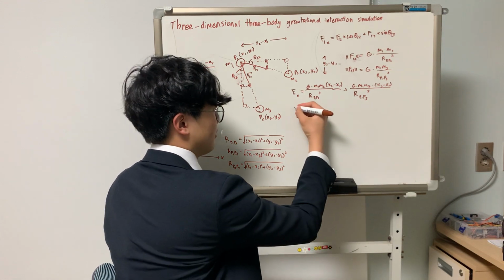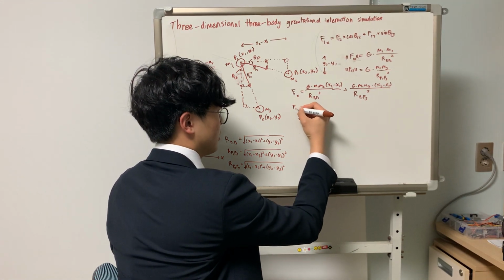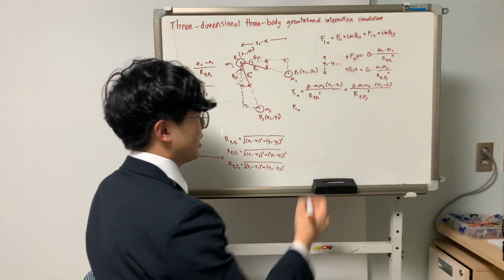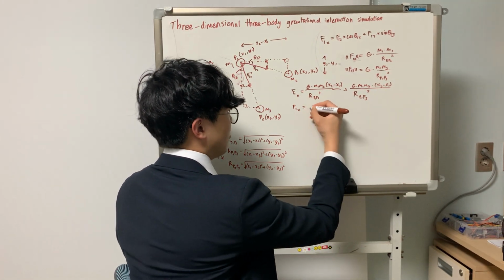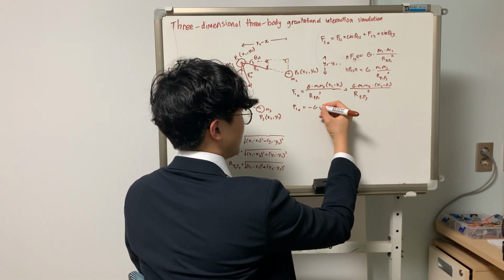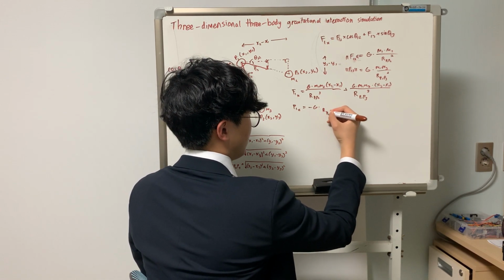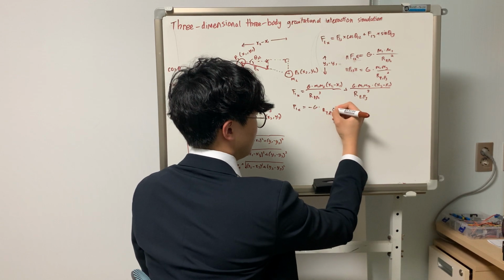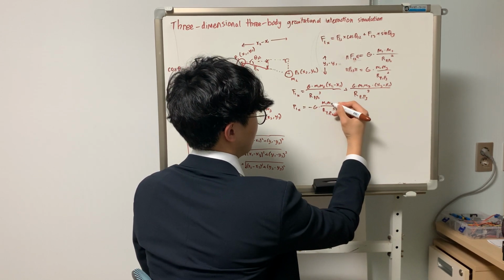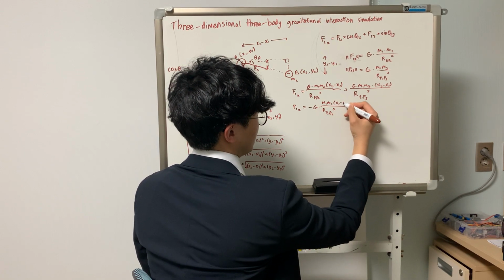So the force that object 1 experiences in the x direction is going to be equal to minus g times P1, P2 cubed over m1, m2, x1 minus x2.